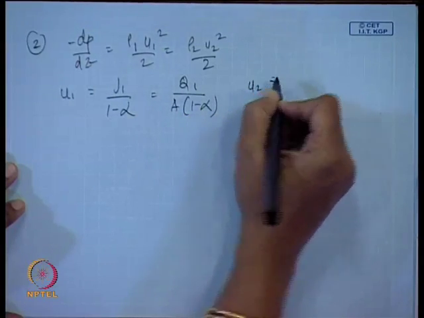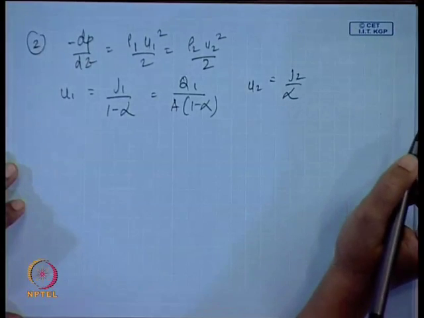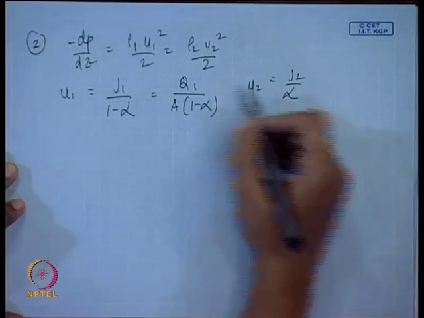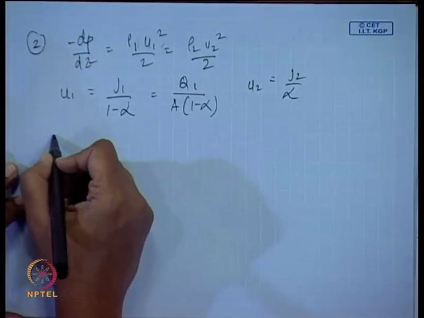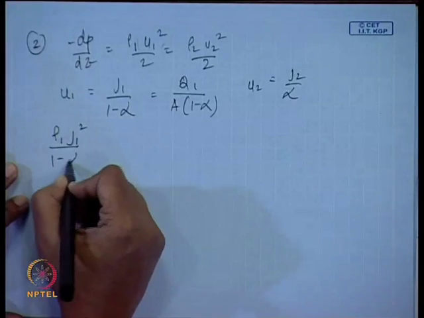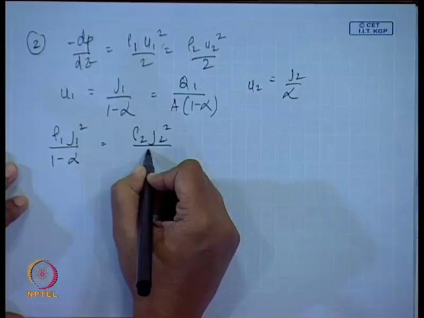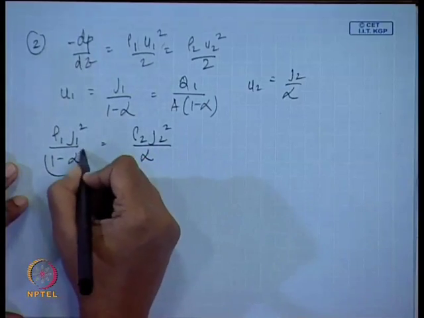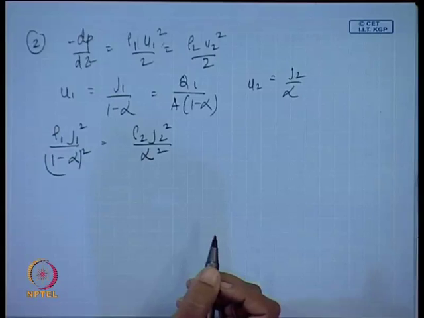Same thing, U2 will be equal to J2 by alpha, fine. So, instead of rho 1 U1 square, what can we write? We can write rho 1 J1 square by 1 minus alpha equals rho 2 J2 square by alpha. Can we write down this particular equation, yes or no?